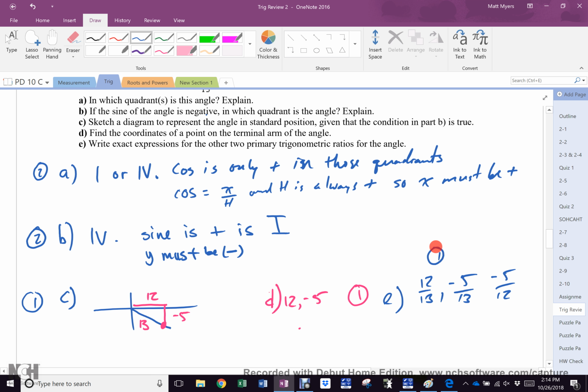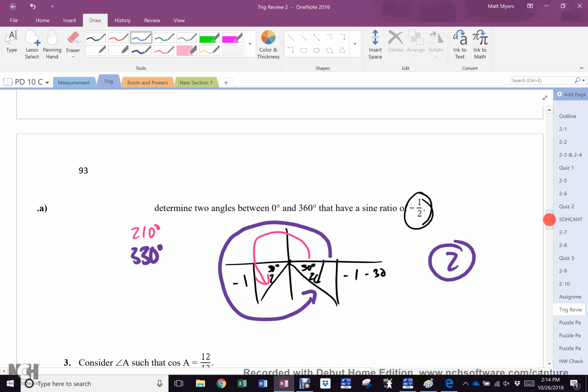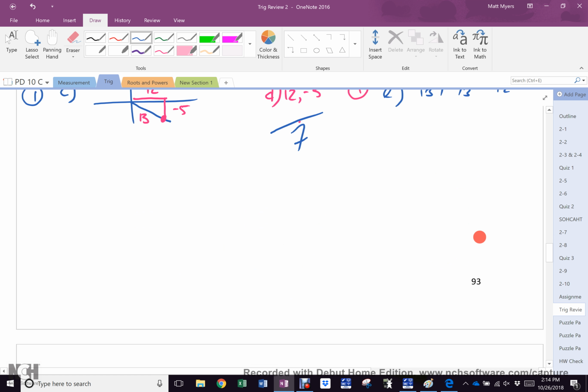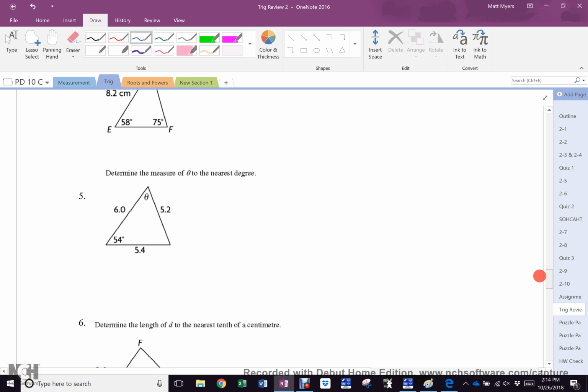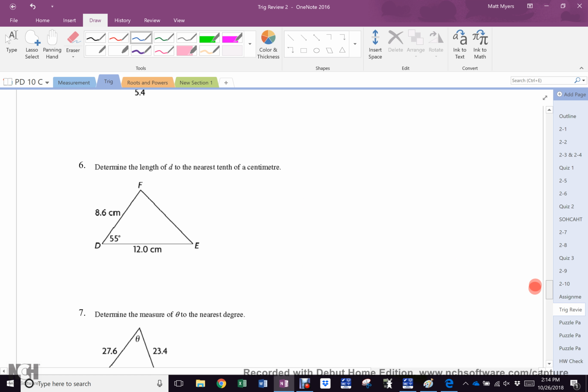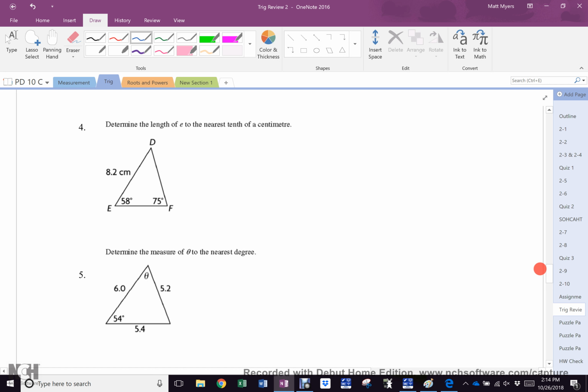For 1 mark there, making that whole question out of 7. Yeah? Making that whole page out of 9. Each of these is worth 1 because you only had to do one thing, yes?